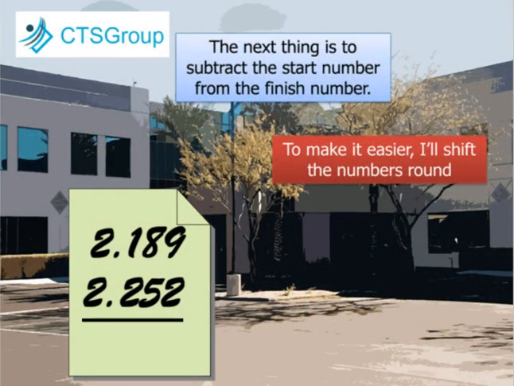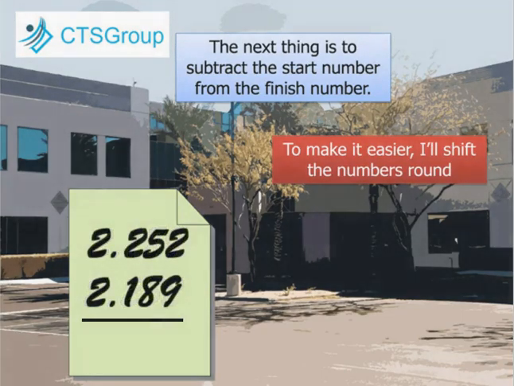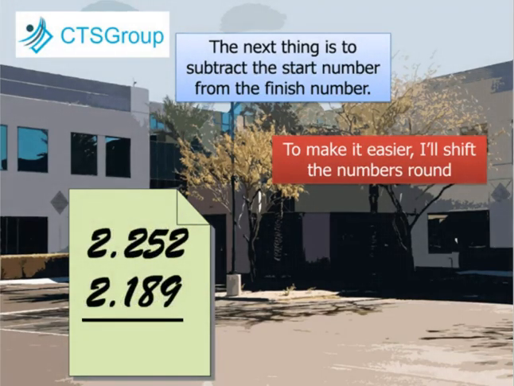The next thing is to subtract the start number from the finish number, and to make it easier, we'll shift the numbers around. So we are subtracting the smaller number from the larger number, which is the start reading, from the end reading.